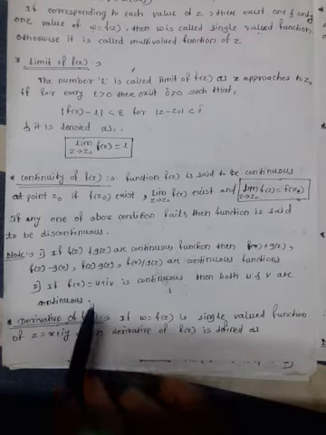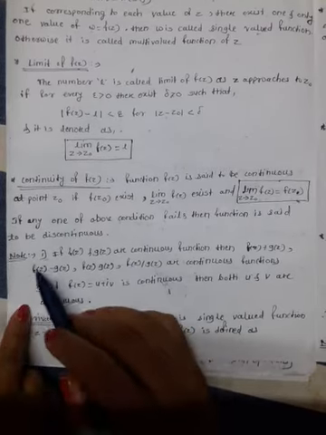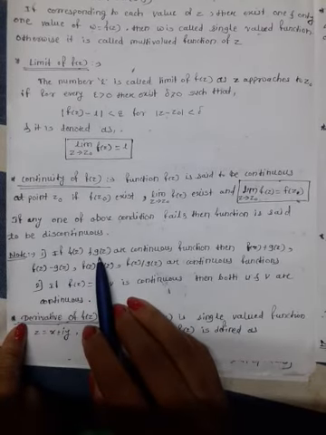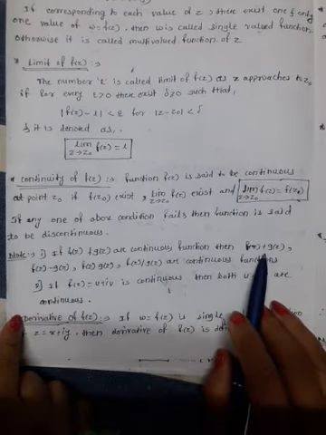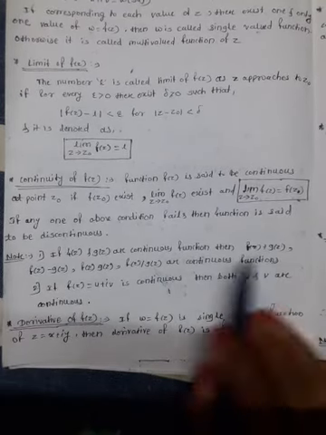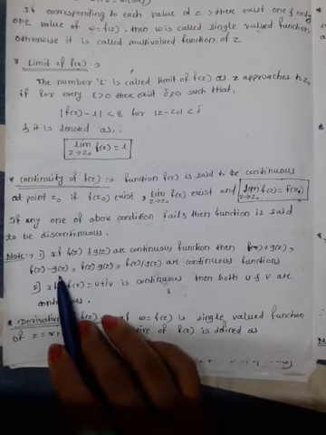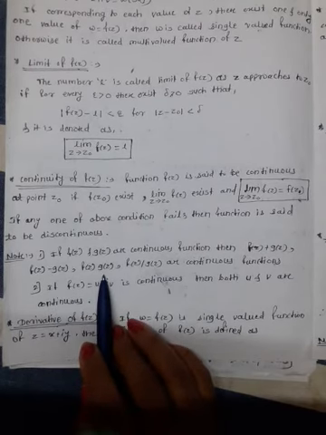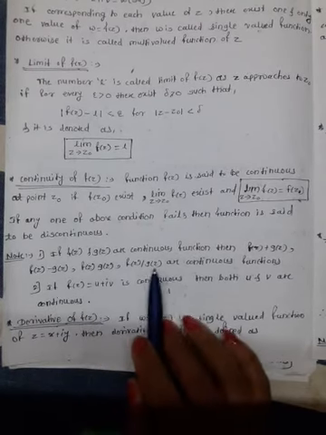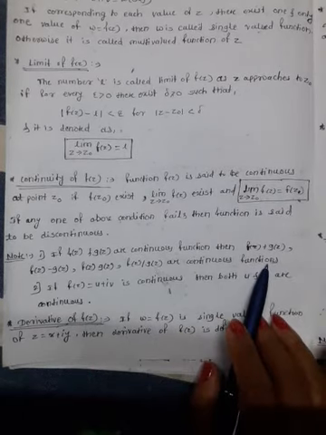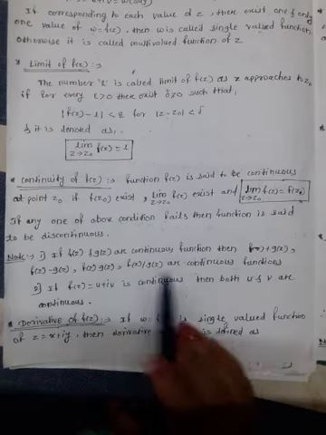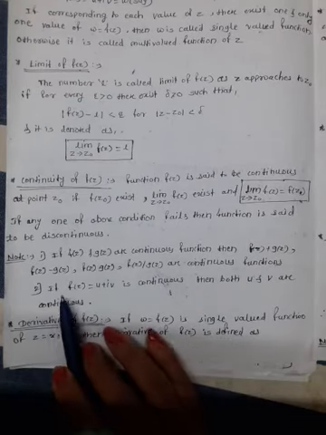Now there are some notes. If f of z and g of z are two continuous functions, then their addition f of z plus g of z, their subtraction f of z minus g of z, their multiplication and their division are also continuous functions, where z is a complex number.